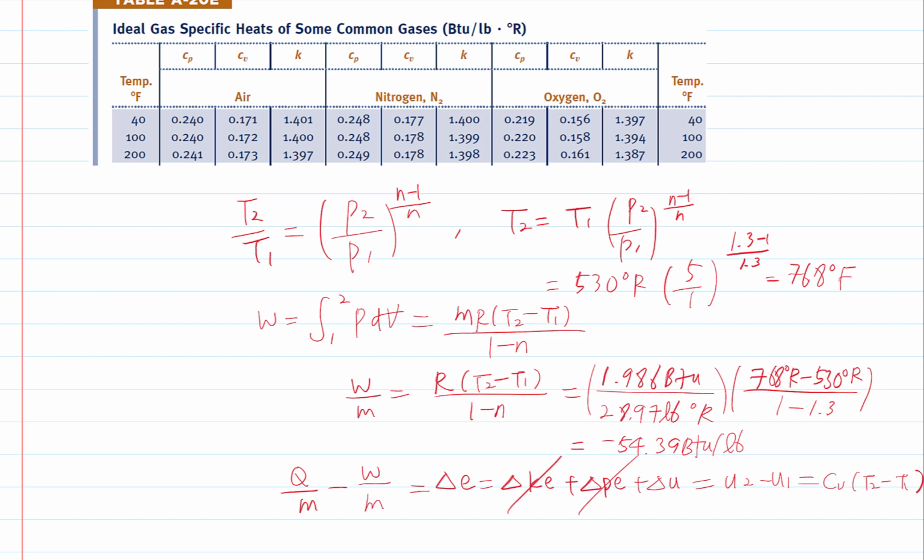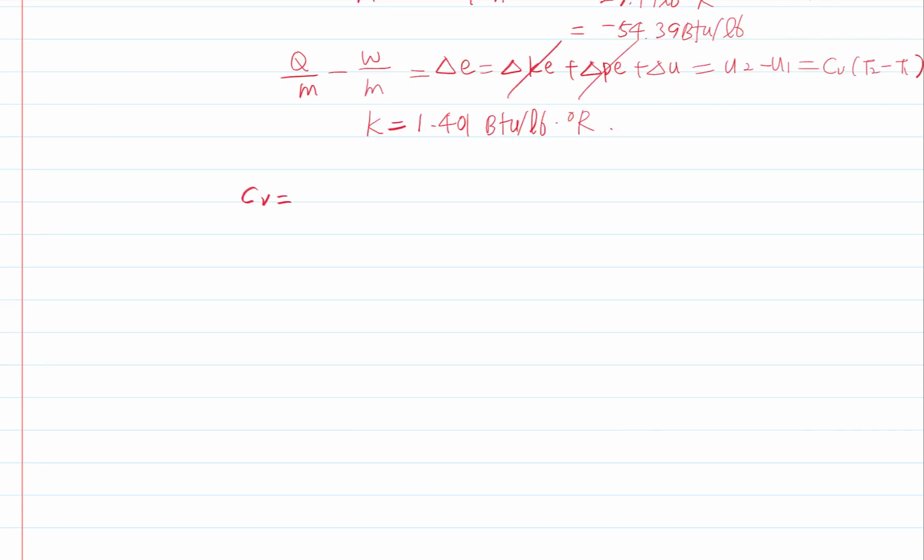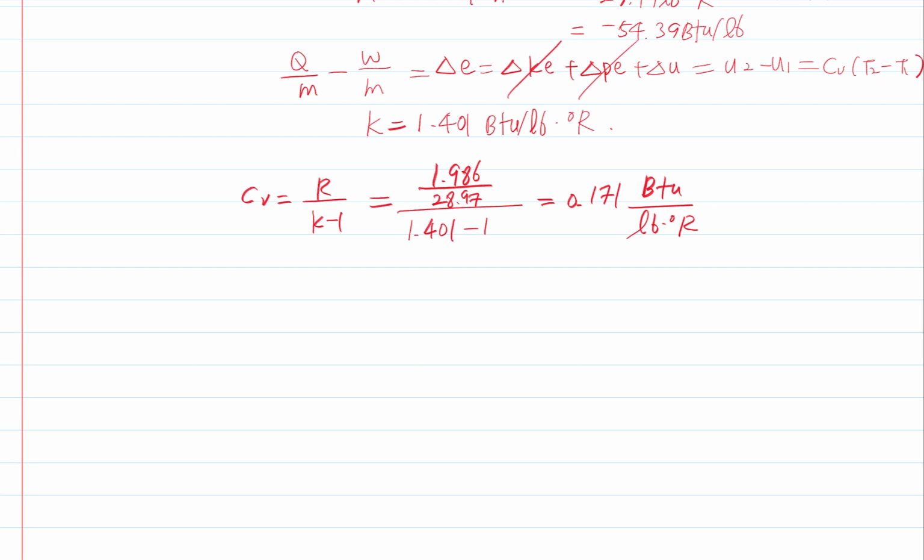We evaluate the specific heat ratio k at 70 degrees Fahrenheit, which is given in the problem statement. At 70 degrees Fahrenheit, k is 1.401. For an ideal gas, Cv is R over k minus 1. And we solve it for Q.